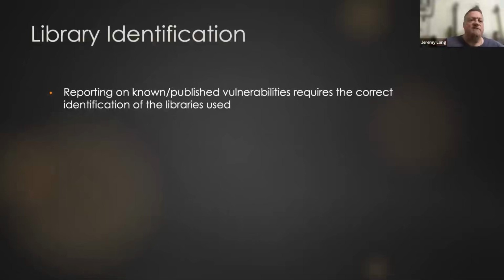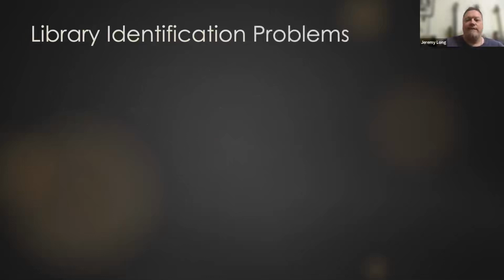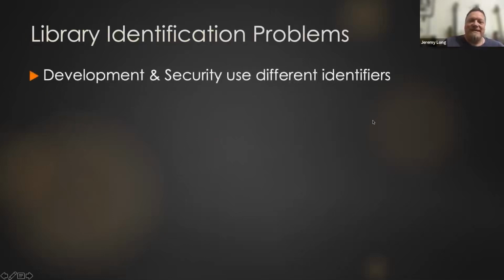So the biggest challenge is library identification, because in order to say that something is vulnerable, you have to know exactly what the product is. Doesn't sound hard, does it? Well, that's because it's a little difficult, because development and security use different identifiers.